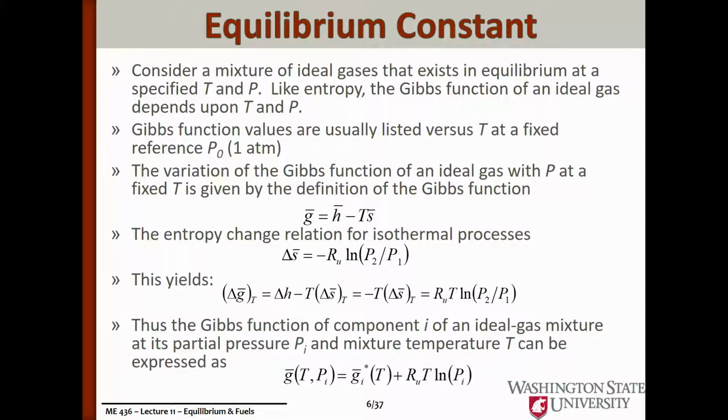So the way we're going to get there is from this derivation of Gibbs function, and the nomenclature here, the bar is just representing that I did everything on a molar basis, but the derivation would still apply on a mass basis. So if we start from this definition of Gibbs energy, and we pull in a definition from an isothermal process for the entropy change, we can combine those two things to get the change in Gibbs free energy at constant temperature.